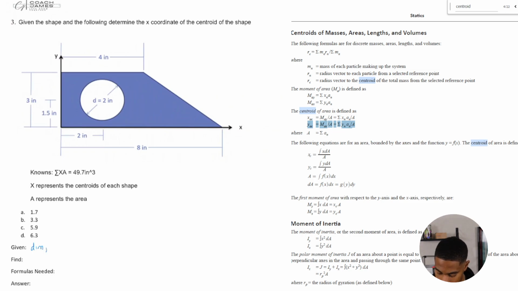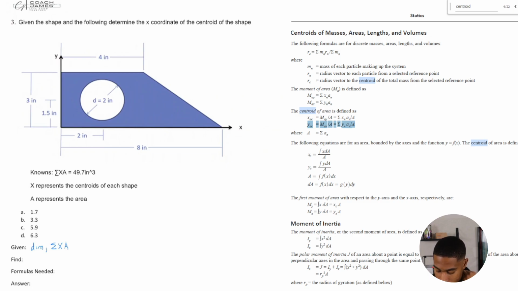They give us the sum of x times a, which is very nice. That seems like that may save us some work. I mean, yeah, the dimensions are important. You can see the shape.